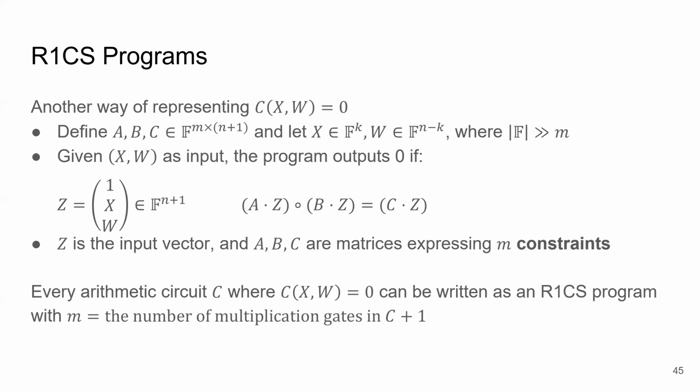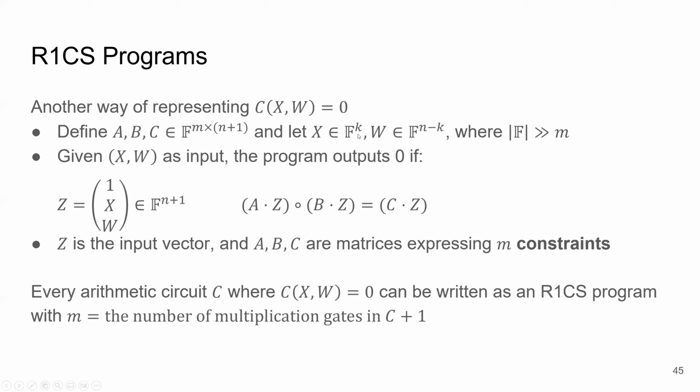Remember that our arithmetic circuit has multiplication gates and addition gates in it. For our R1CS program, let's first define A, B, and C as matrices drawing elements from this finite field, of size m by n plus 1. We haven't yet said what m and n plus 1 are, but let's say we define these and let x, the public information, be a vector.